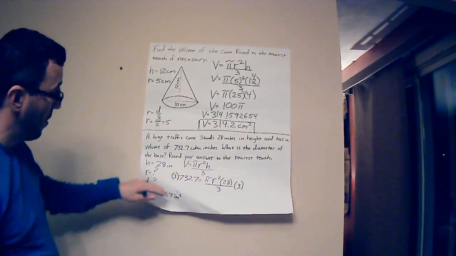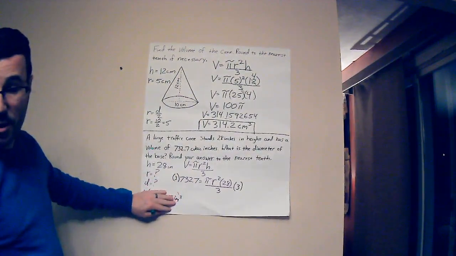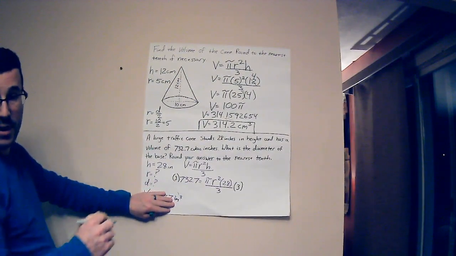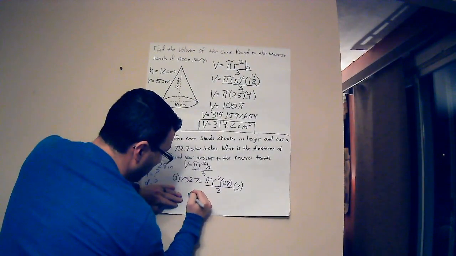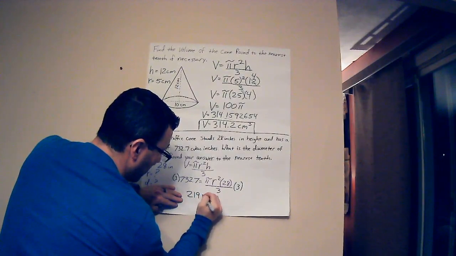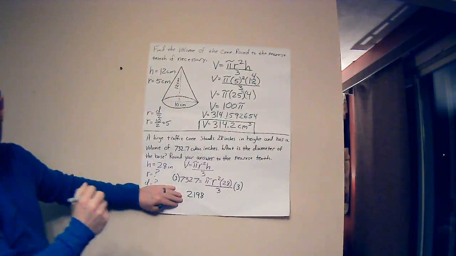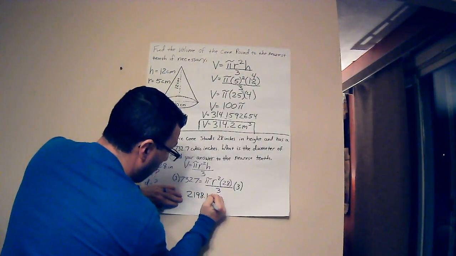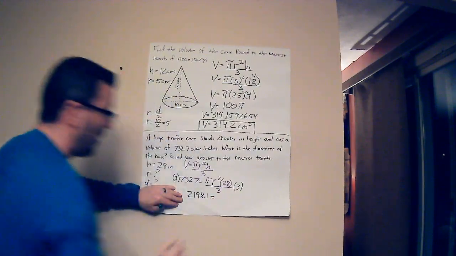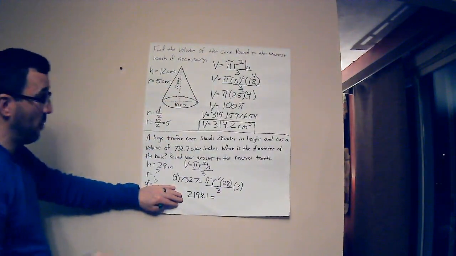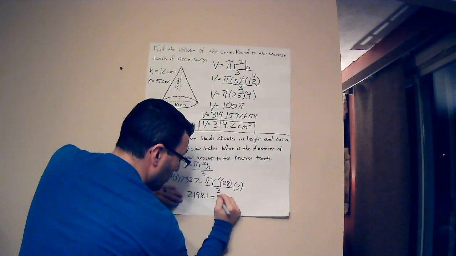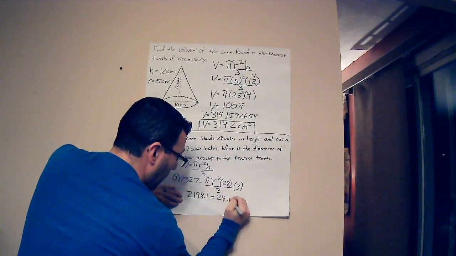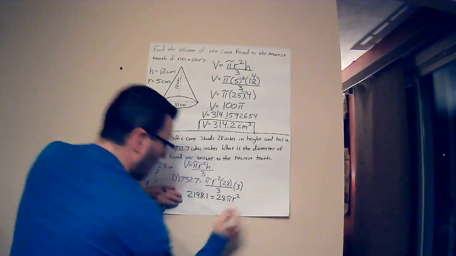When we do that, 732.7 times 3 is 2,198.1. And on the other side, we're just going to be left with 28 pi r squared.